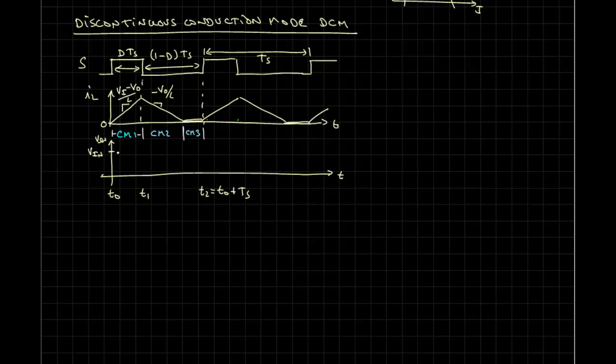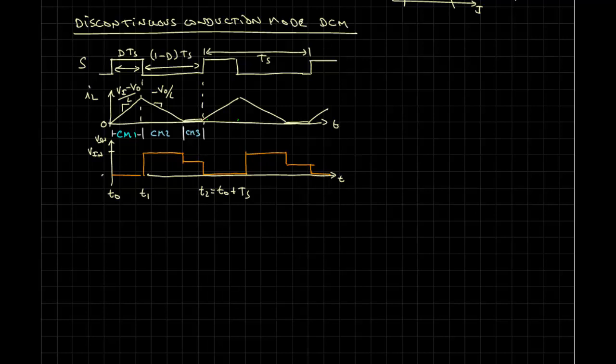Okay, V switch will be 0. It'll come up to Vin, and then let me redraw this. When we get to CM3, actually it's going to drop to VO, which is kind of interesting, and we'll talk about that in a little bit.